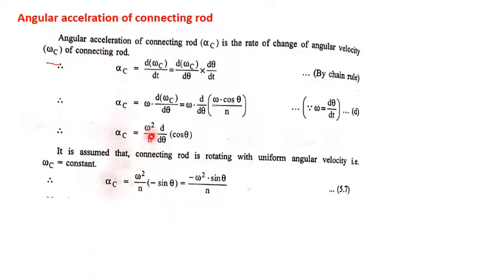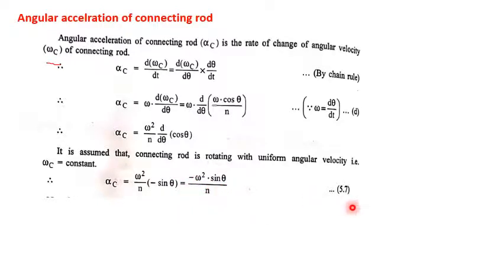Alpha c is equal to omega square, it is a constant, therefore we cannot differentiate this. We have to keep this outside the differential, omega square into n. Differentiation of cos theta is minus sin theta. Therefore, this equation becomes minus omega square into sin theta divided by n.